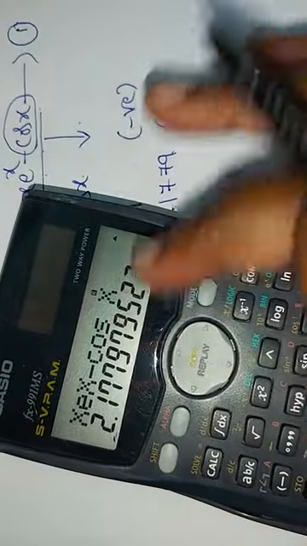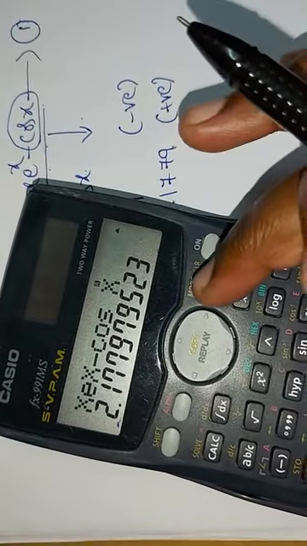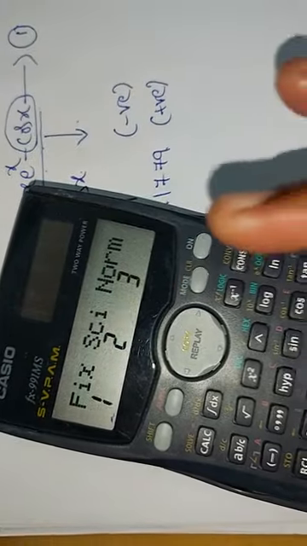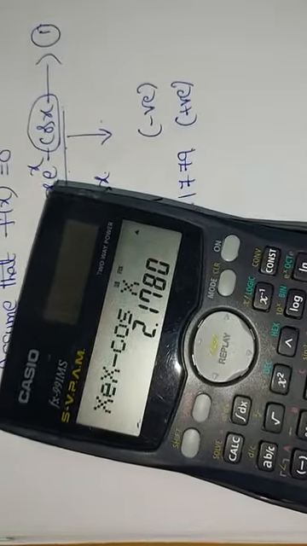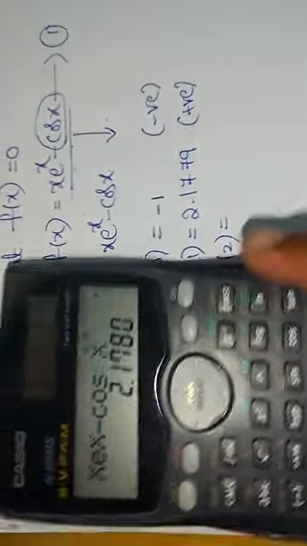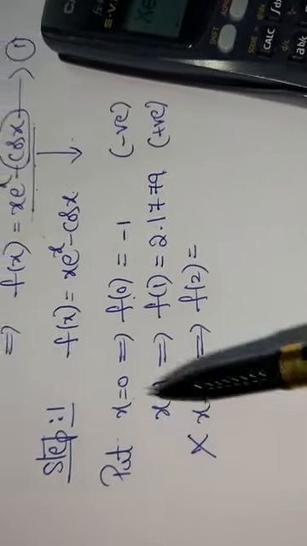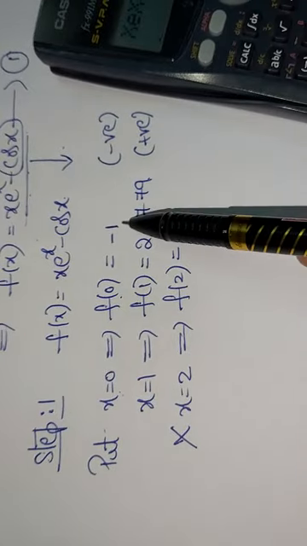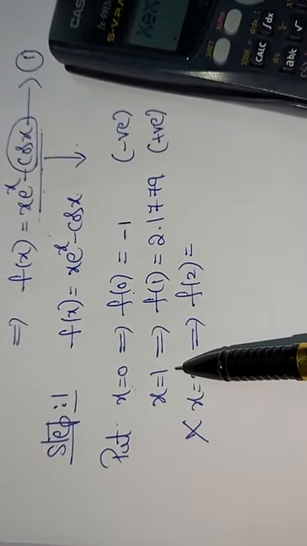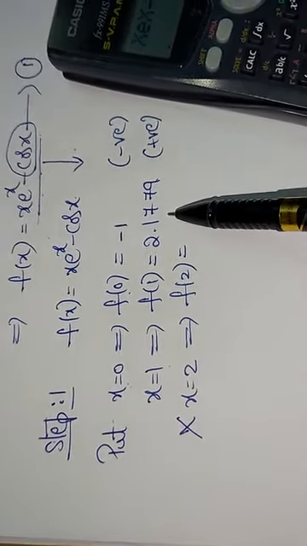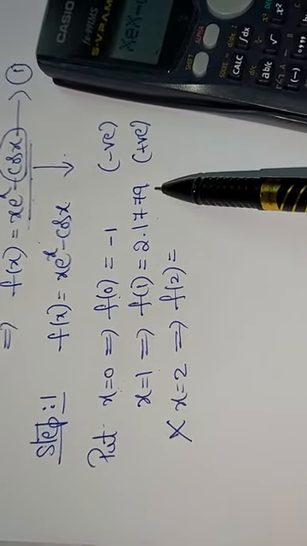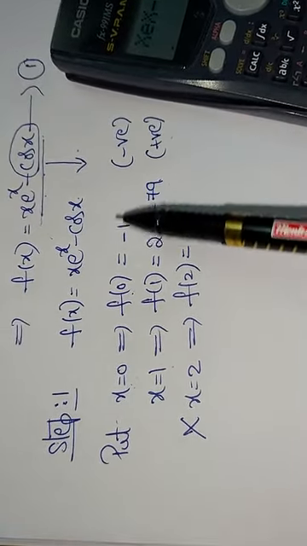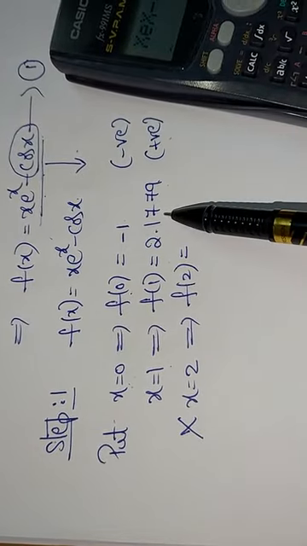For the decimal places, I can fix it to 4, so 2.1780. Here we can clearly observe that for x equal to 0, f of x is minus 1, and for x equal to 1, f of x is 2.1779, which is positive. So we get one negative value and one positive value.